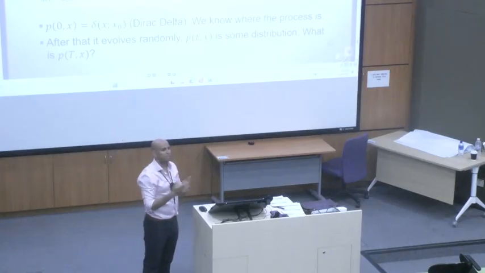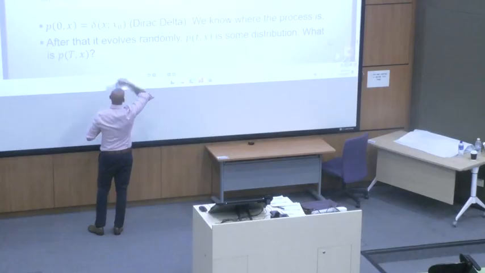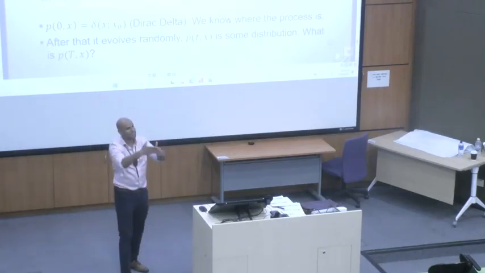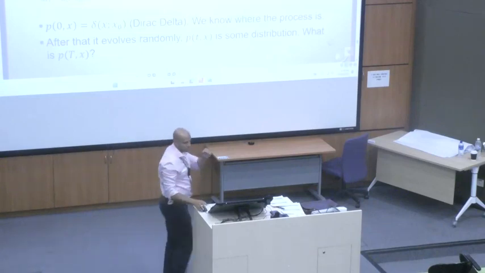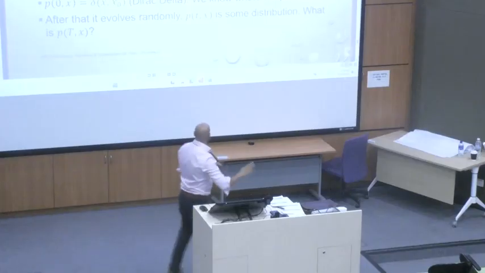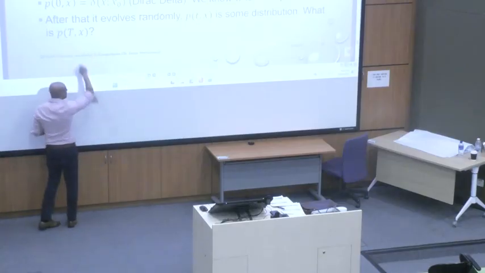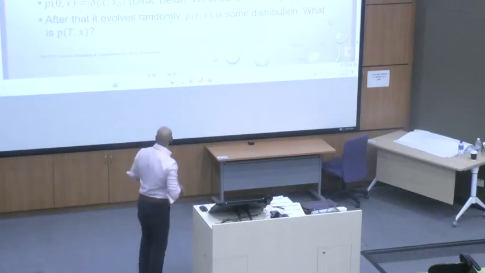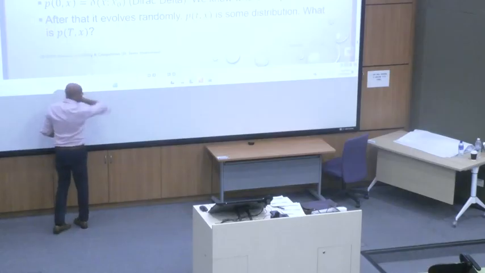So it really represents a probability density. So the Dirac delta at x0 is just that graph there. It's basically a probability density function which is all centered on one point, which is another way of saying we know where the particle is. Now the question is, you start off there, what is that going to look like at some future point? Maybe a few minutes later, and that's going to be your variable.